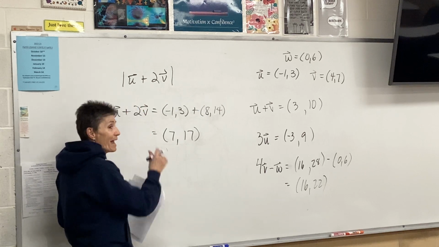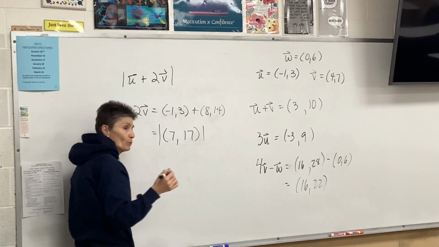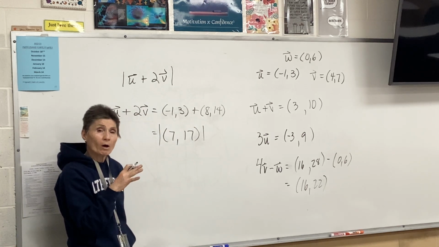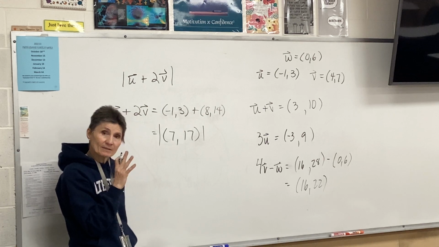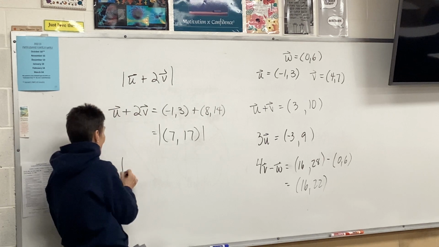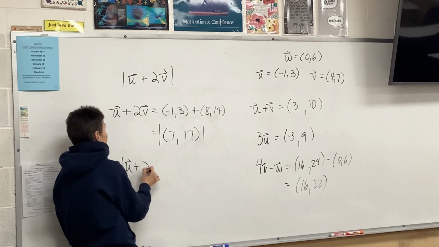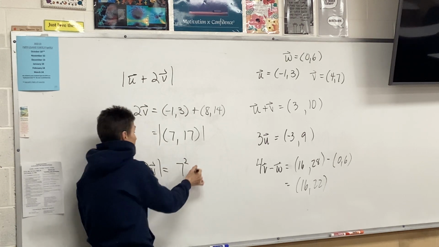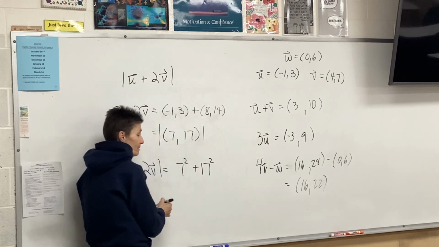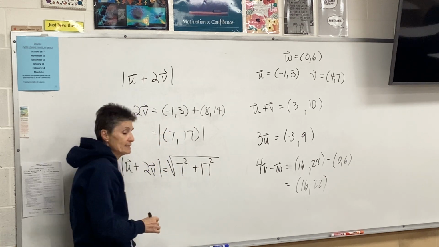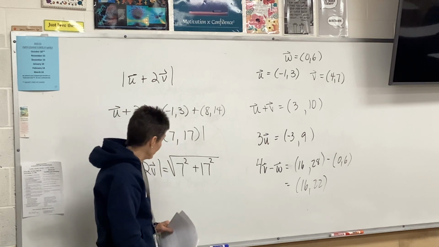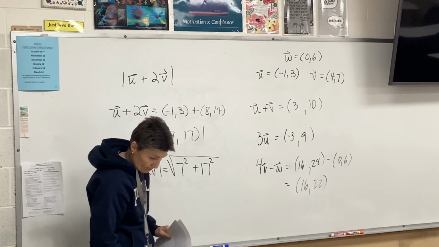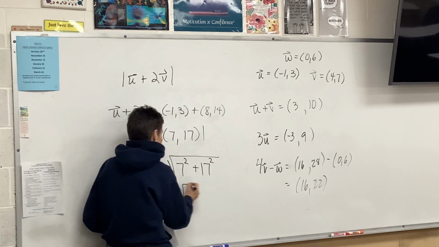Now I need the magnitude of that vector. I told you a few minutes ago, you can draw this if you want, but when you draw it, you're going to go over 7 and up 17. So when you do your magnitude, the Pythagorean theorem, you're just going to end up squaring 7, squaring 17, adding them together and taking the square root. So 49 plus 17 squared. So that's the square root of 338.